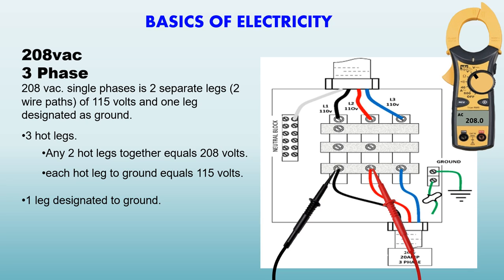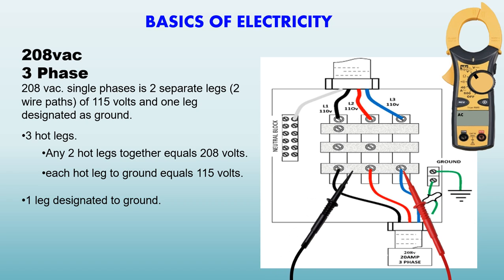This completes a circuit to give us 208 volts. To complete our testing process, we now go from L1 to L3 and L2 to L3. This tests a complete circuit against all three legs.